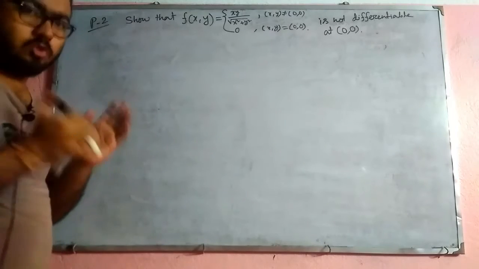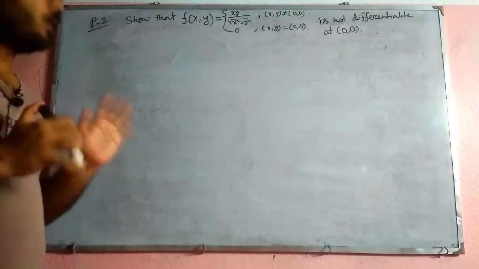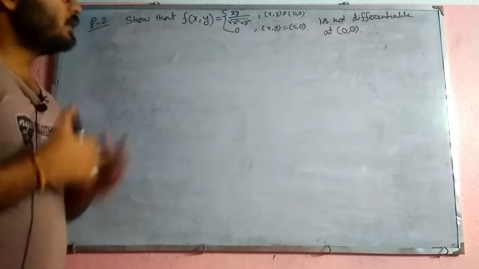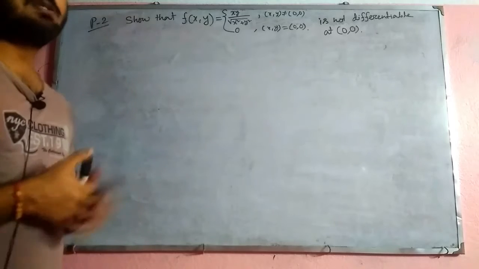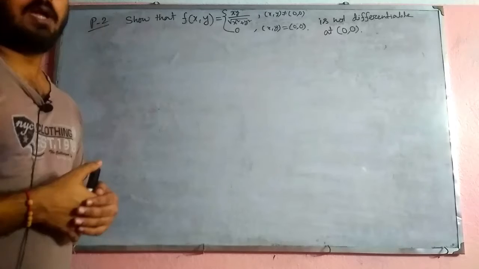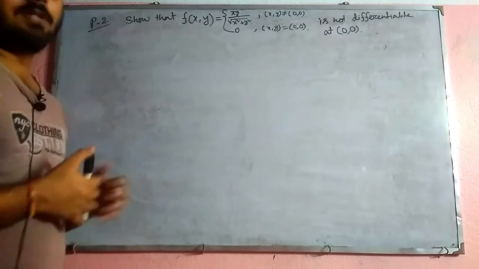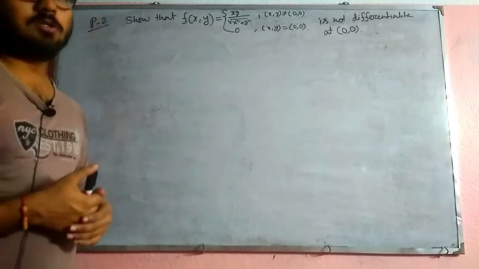We will show that the partial derivatives of f at the point 0 comma 0 exist, but that function psi of h comma k will not exist at the point 0 comma 0. In this way we can conclude that this function is not differentiable at the point 0 comma 0.